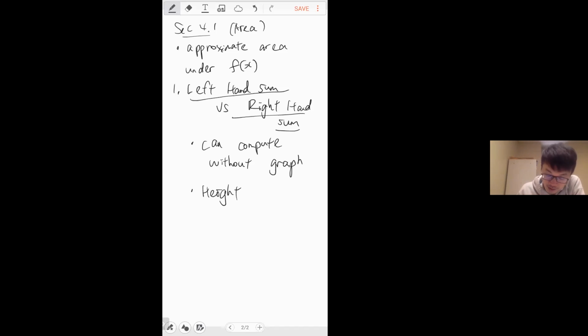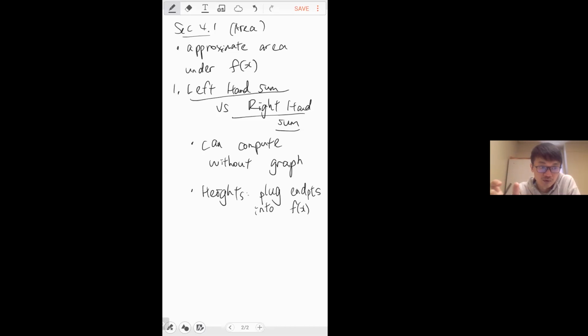Okay, the y points. And you get that by plugging the endpoints into the function. So I should write height: plug endpoints into f of x. That will give you the height. So for example, given one interval, the interval would have two endpoints, right?